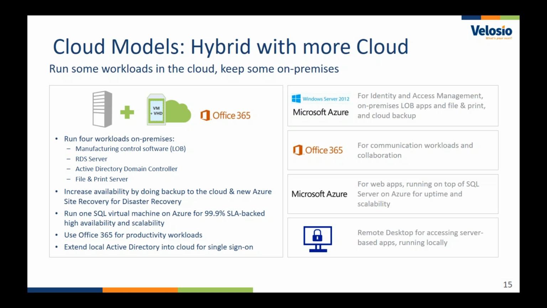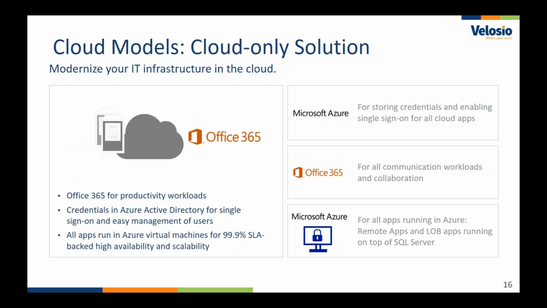But when we look at a full cloud model, this is a model that we usually recommend if you do not have a line of business solution, you do not have an ERP, you're starting out. Having the workloads all put in the cloud gives you the best ability for agility for your organization.